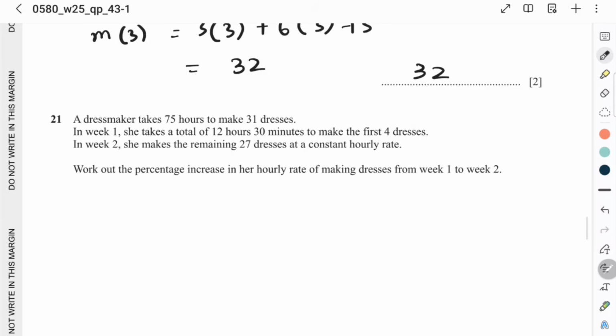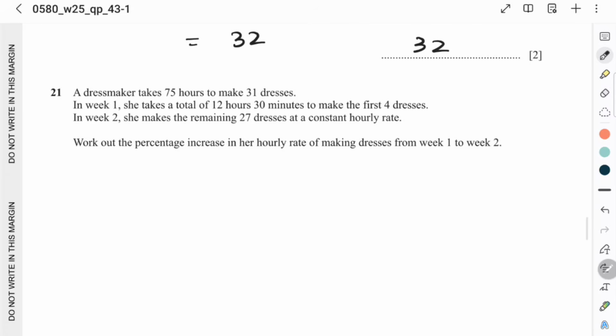Okay, now the next question. The next question is, the dressmaker takes 75 hours to make 31 dresses. So 75 hours and make 31 dresses. Okay, in week 1 she takes a total of 12 hours 30 minutes to make the first 4 dresses.